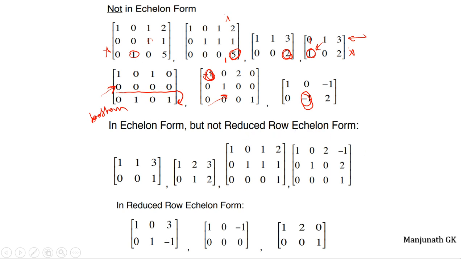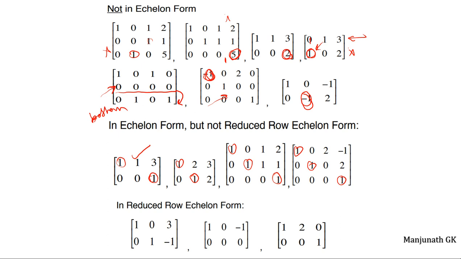Let us consider here. The first leading element, okay, it is in echelon form. This is also echelon form. It is satisfying all the conditions. They are on the right side, and the leading coefficient is 1, and so on. So all four are in echelon form, but not in reduced row echelon form.